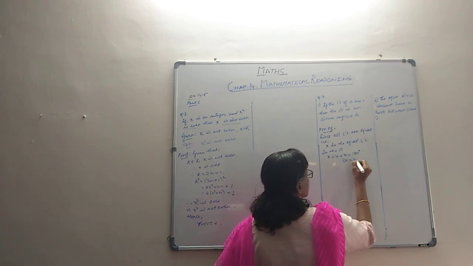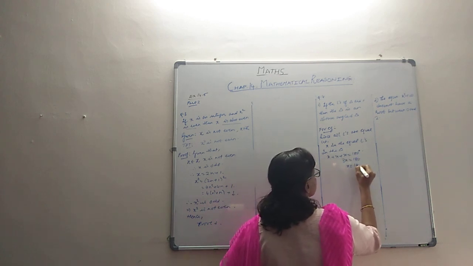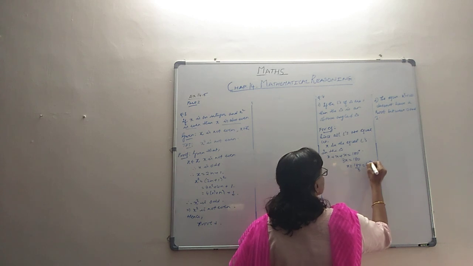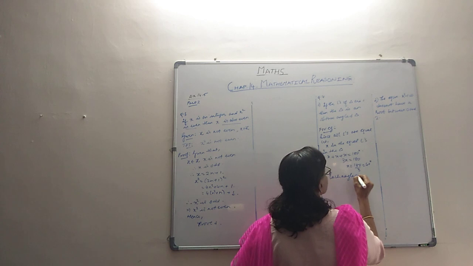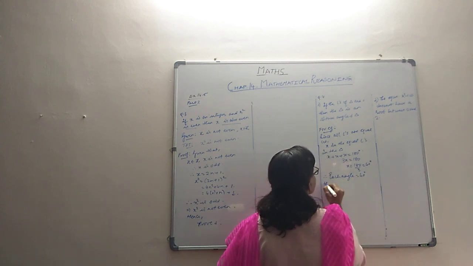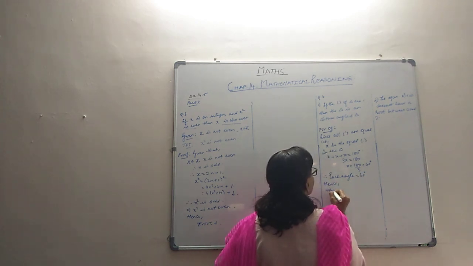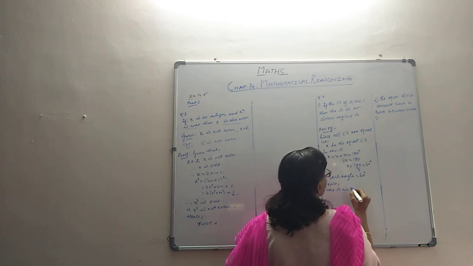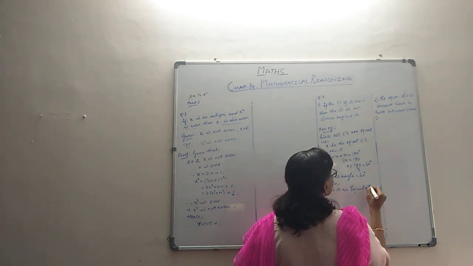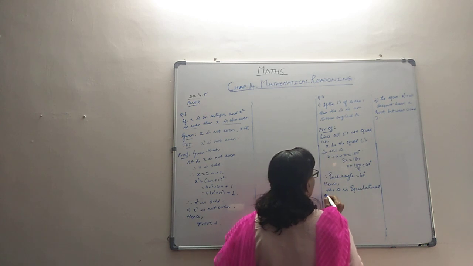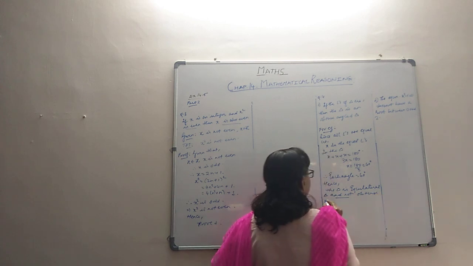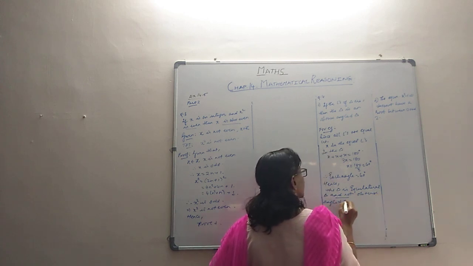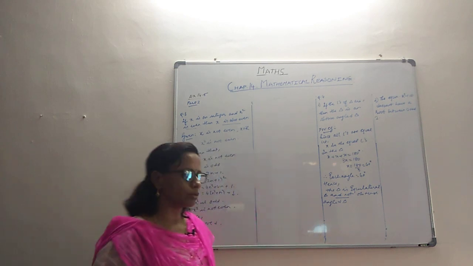So 3x is 180, x is 180 by 3, so therefore each angle is 60 degrees. Hence the triangle is an equilateral triangle and not an obtuse angle triangle. Yeah, this is how we can do it.